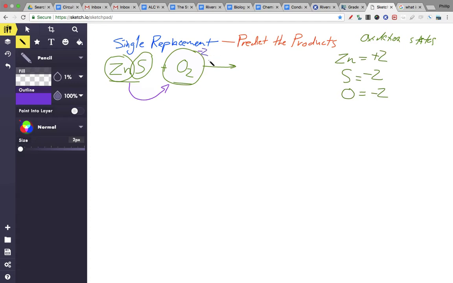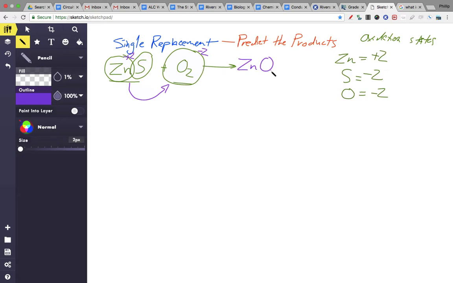We want to find the opposite charge in this other compound, so look to whatever the positive charge is over here. In this case, the positive is zinc with a +2. Those two opposite oxidation states are going to be drawn together and form a new compound. So our new product is going to be some form of zinc and oxygen.